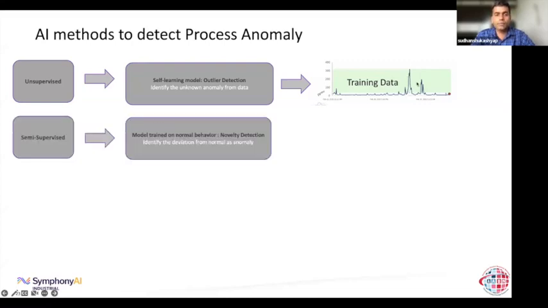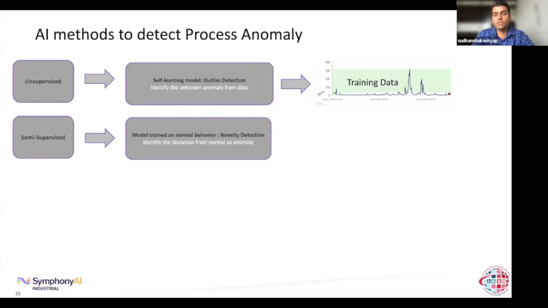The second way of doing it is what we call semi-supervised. Earlier we only covered unsupervised and supervised, but there is an intermediate category we call semi-supervised, where the model is trained on normal behavior. It is also known as novelty detection. So here you take a process or asset, find the period where it is running well, and then give it to the AI model to learn about it.